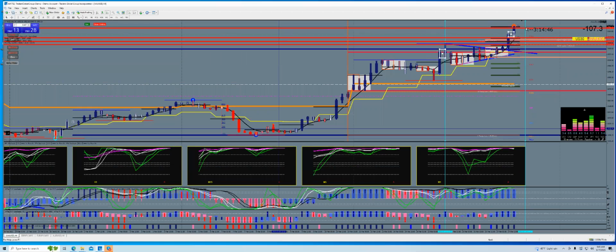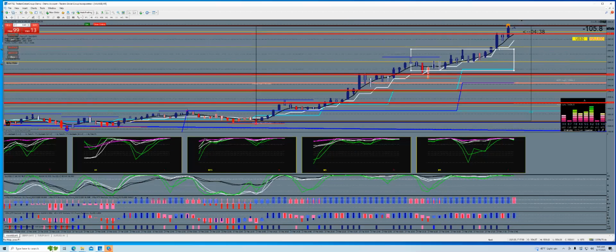Oh, damn, this thing went all the way up to the R4 on the 4 hour. Okay, now it should come down.